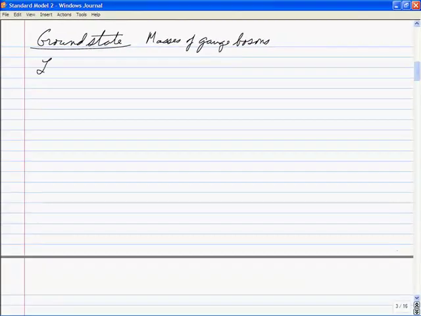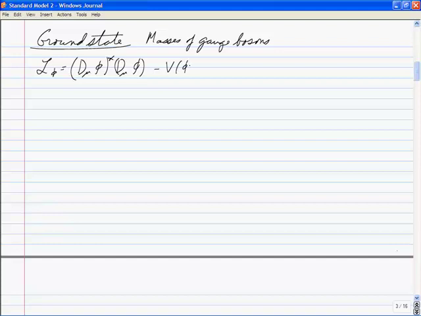Okay, so the Lagrangian is D_mu phi star D^mu phi minus V of phi.